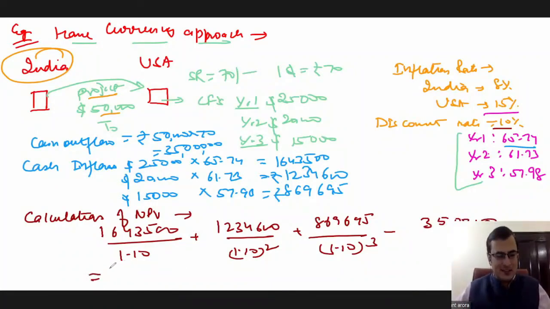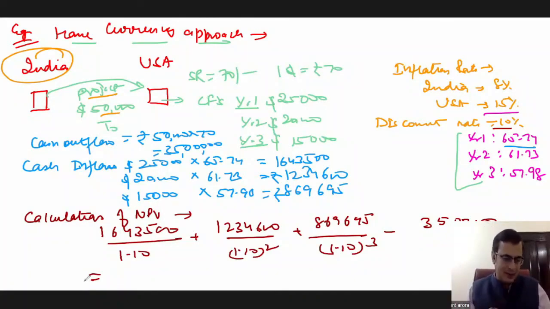So can we do the calculations and preserve that NPV, because we will be calculating that same NPV with the help of home currency as well. Yes, the answer would differ by a few rupees, 100, 200, 500 rupees, but it will be the same.